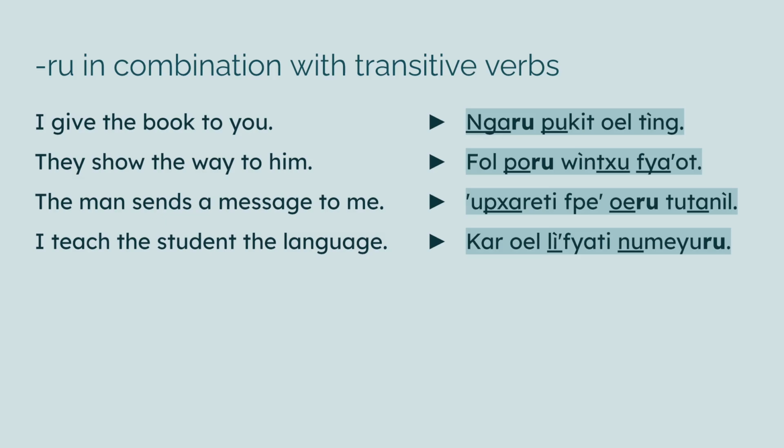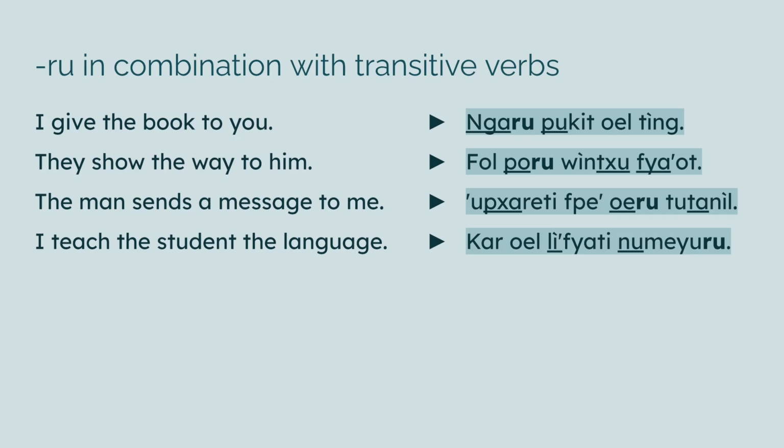I teach the student the language. Karwele fiati numejuru. This verb actually can be a bit confusing because in English it works a bit weird. I can say I teach the language, but I can also say I teach you. So in English, the student or you and the language can both be a direct object or can look like a direct object.